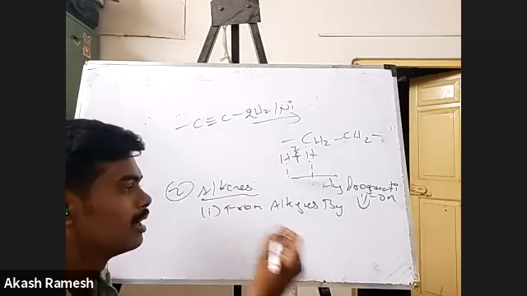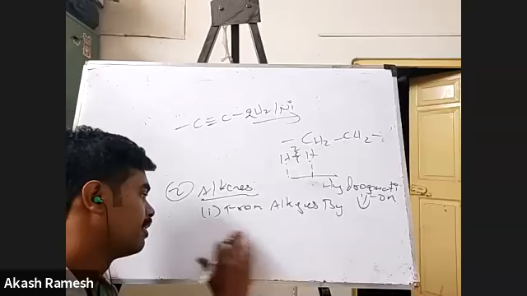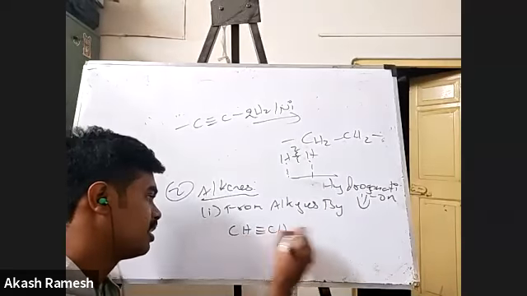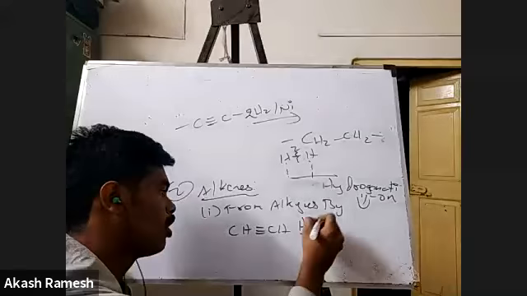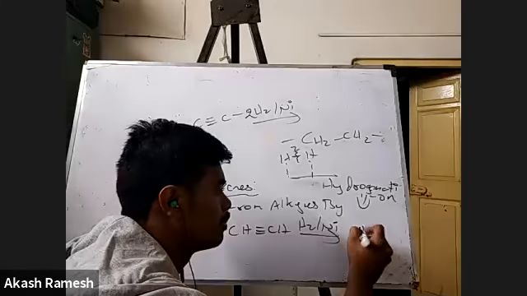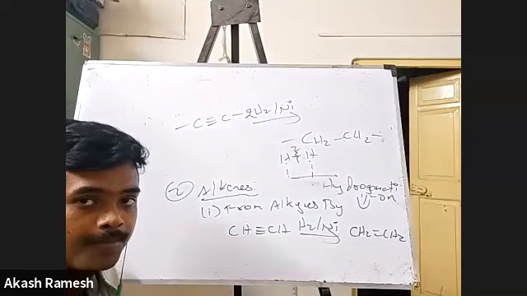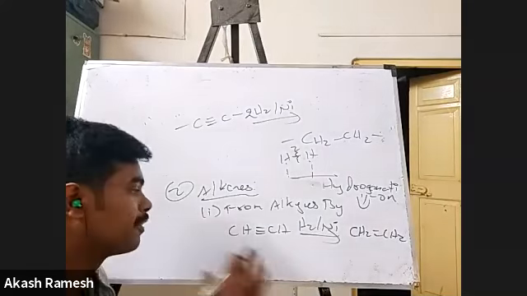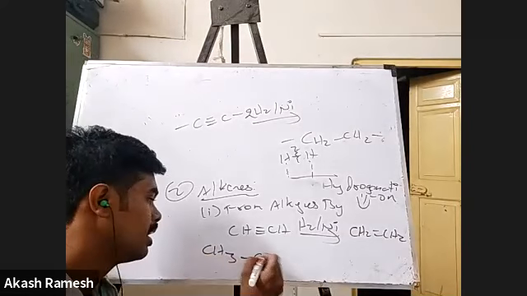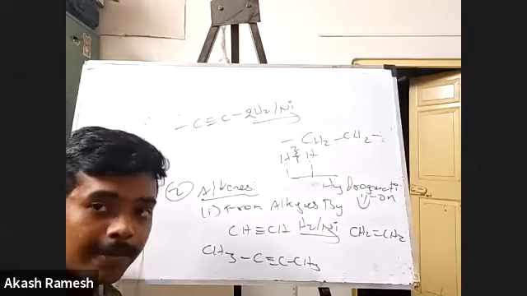So if I have CH triple bond CH and I go for 1 mole of H2, I'll end up with CH2 double bond CH2. Now if this was something like CH3 C triple bond C CH3, and I go for H2 over nickel.